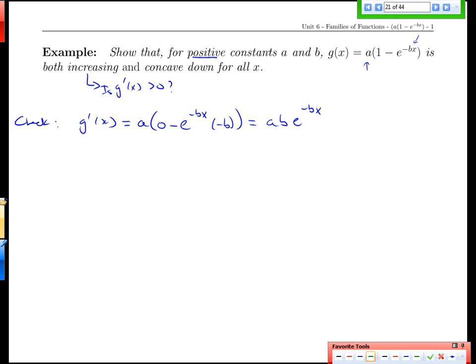Well, we were told that a and b are only going to be positive themselves. That's positive and positive. And any exponential, even to a negative thing, think of 3 to the negative 5, is just a fraction, but it's always a positive fraction. So yes, indeed, g prime of x is positive for all x, and that means g of x is going to be increasing for all of x.